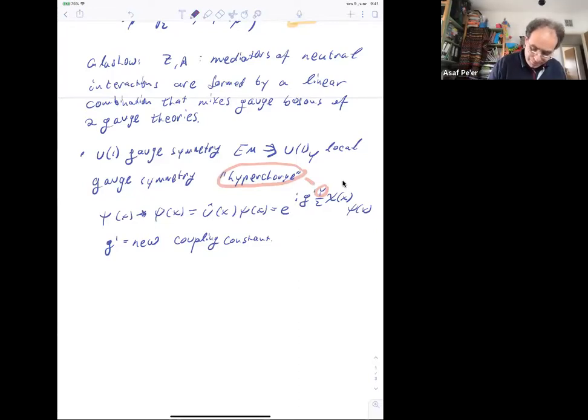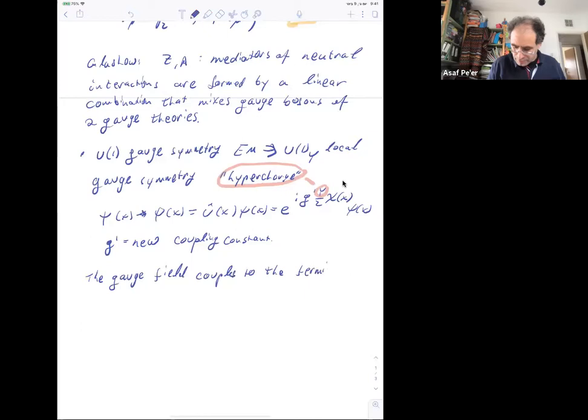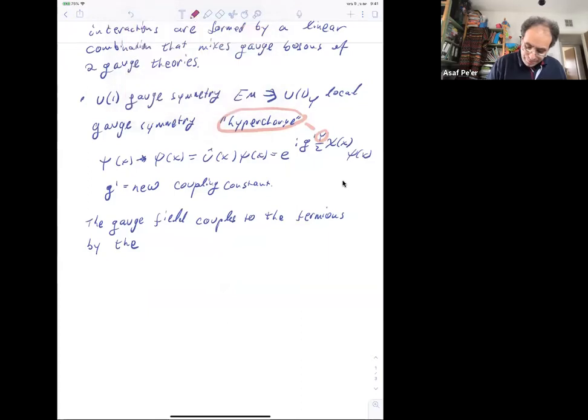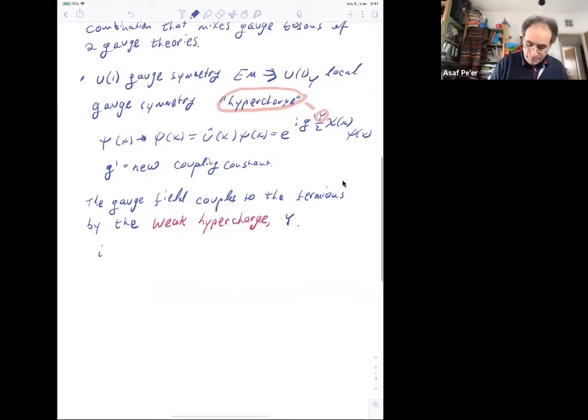So the gauge field couples to the fermions with weak hypercharge Y, and the interaction term is g prime Y over 2 gamma mu B mu psi.